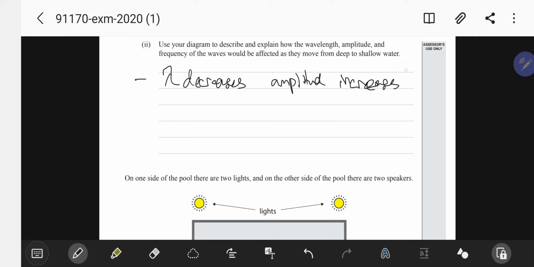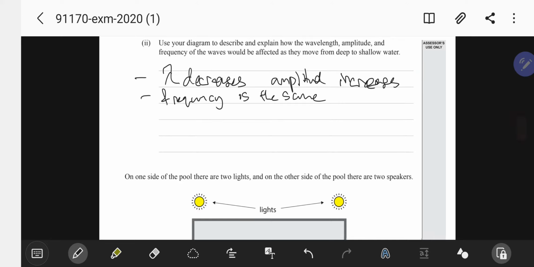Frequency is the same. Yeah, so these are the main points, I guess. So you would just want to write it properly.